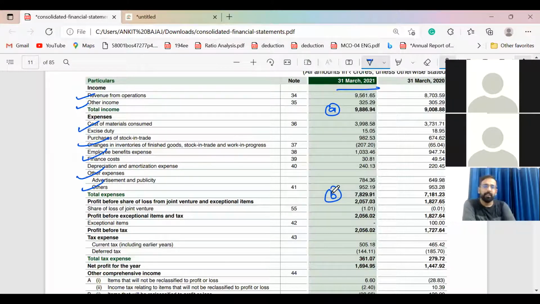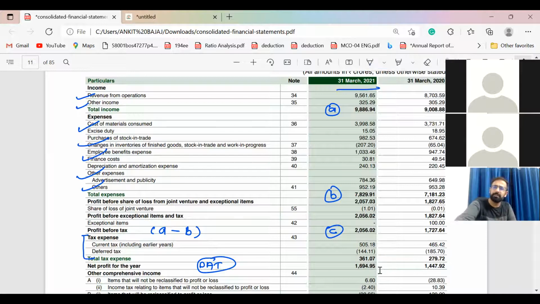So here you can see the total of expenses given, 7,829, right? After that, if you want to calculate profit before tax, you will simply take the difference between total revenue and total expenses, and here you will get profit before tax. So here profit before tax is given as 2056, right? Now you will reduce all the taxes and you will get profit after tax, right?